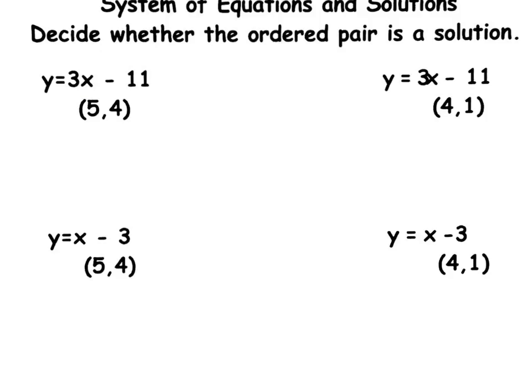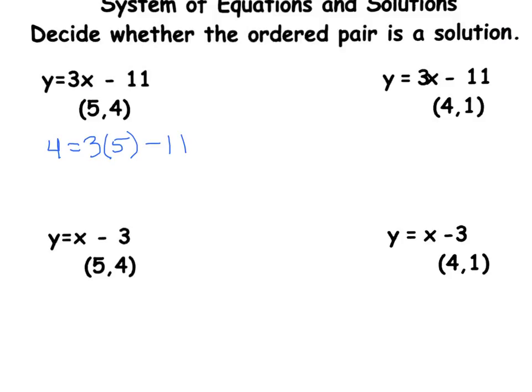this was your intersecting point. This is where they crossed. You can plug the x in, plug the y in, and see if it comes out to a true statement. So I'm going to plug in for the y is 4, so I'm going to go 4 equals 3 times x, which is 5, minus 11.